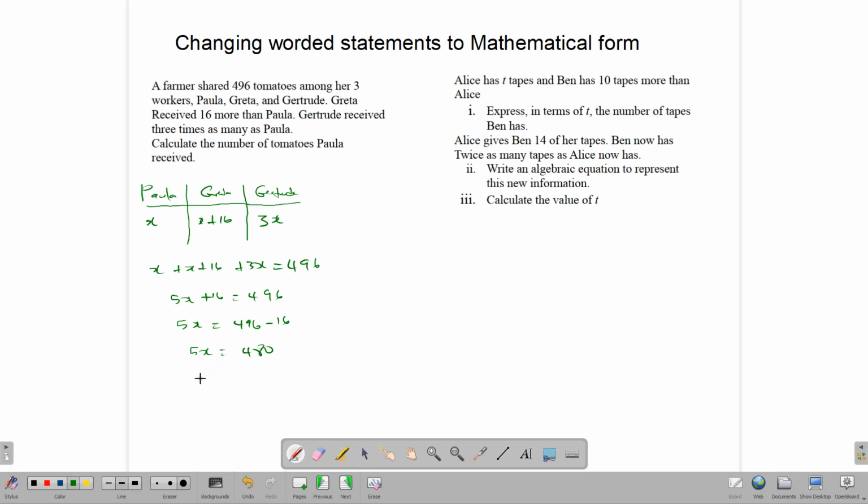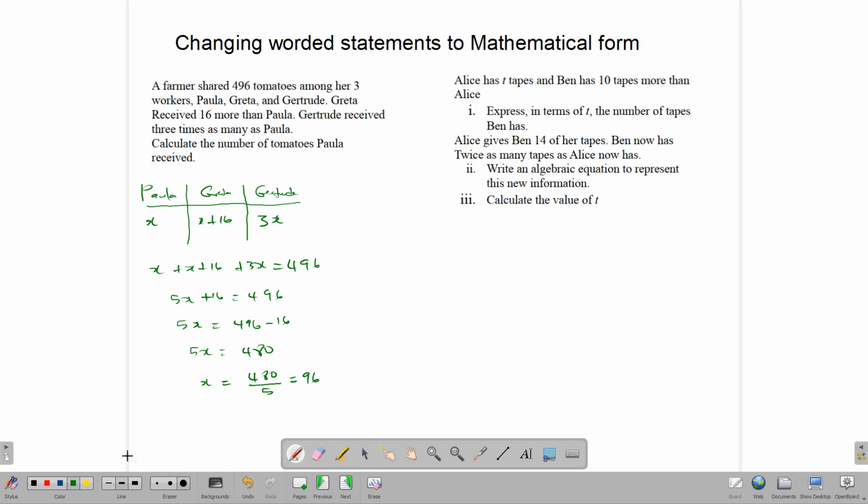To get our answer, we are going to divide both sides by 5. So x is equal to 480 divided by 5, which gives us 96. So Paula would have gotten 96 tomatoes. Greta would have gotten 96 plus 16, and Gertrude would have received 3 times 96. And when you check that and add them together, you will realize that it's equal to the 496.